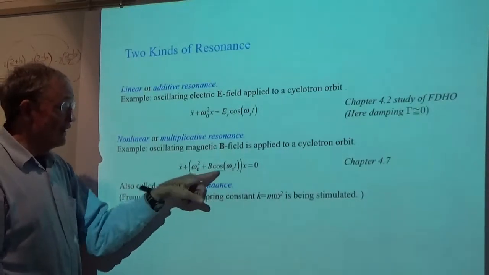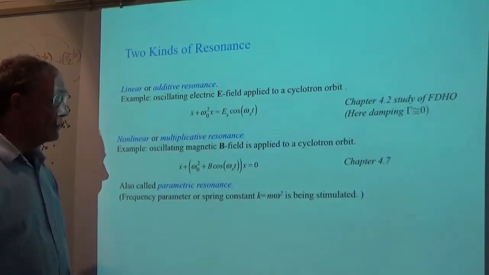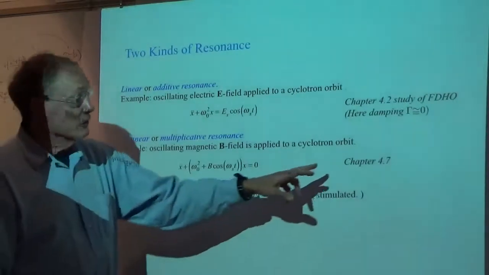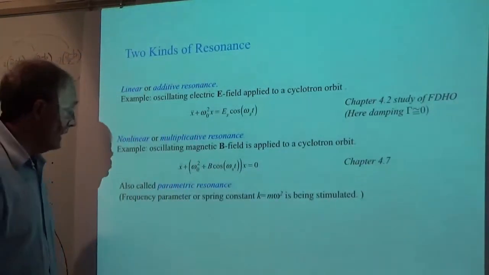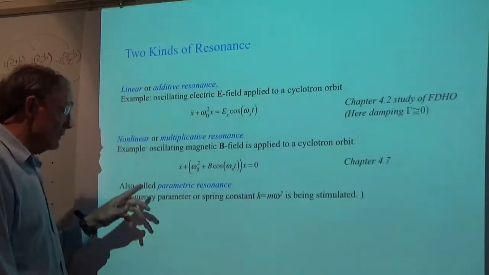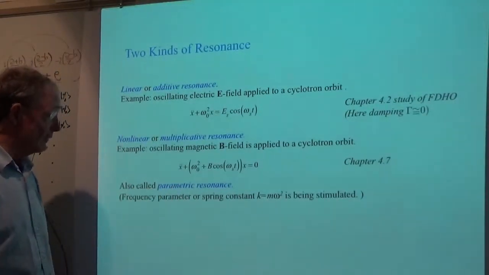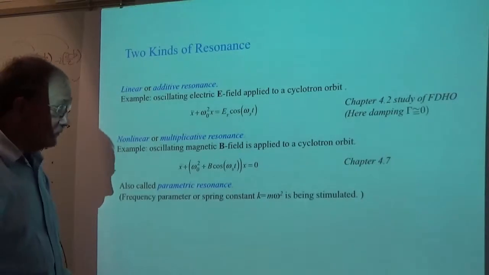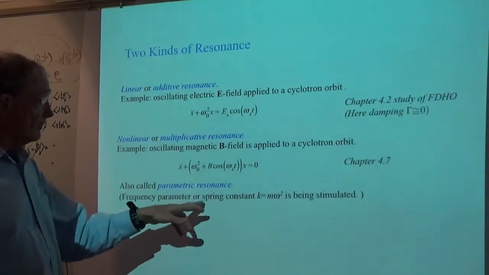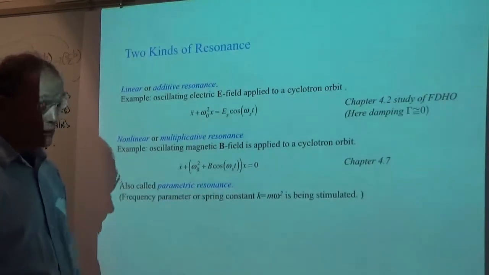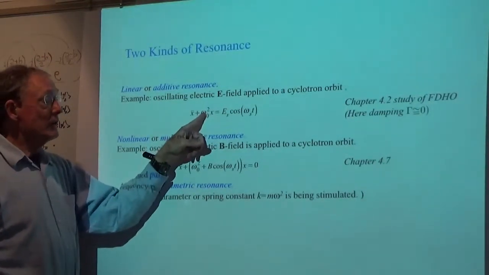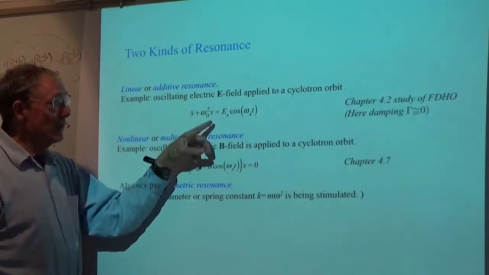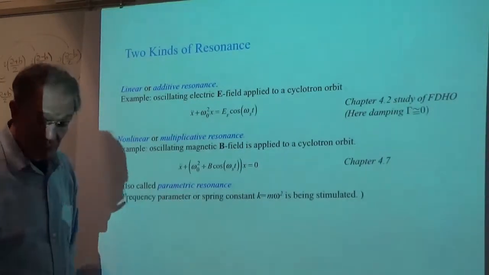This little equation describes what's in the very last chapter of Unit 4 on resonance, and this is called parametric resonance. The reason is pretty obvious: it's a frequency parameter that you're going to be wiggling. We kept this constant when we did our linear resonance. Now we're going to be wiggling it.